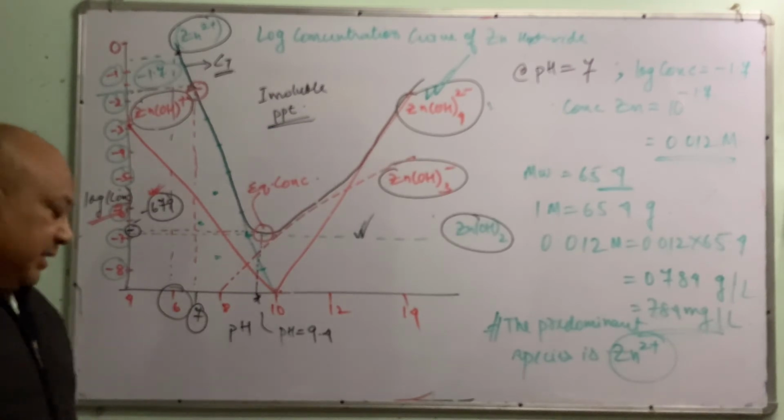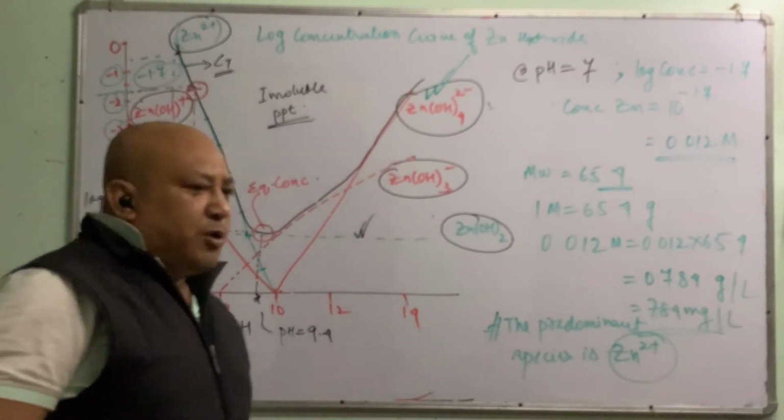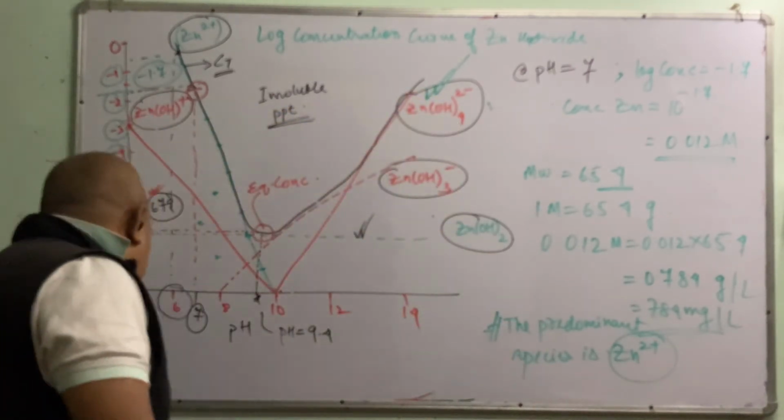Okay? Now let's do only one numerical, very small numerical, by referring to the graph.